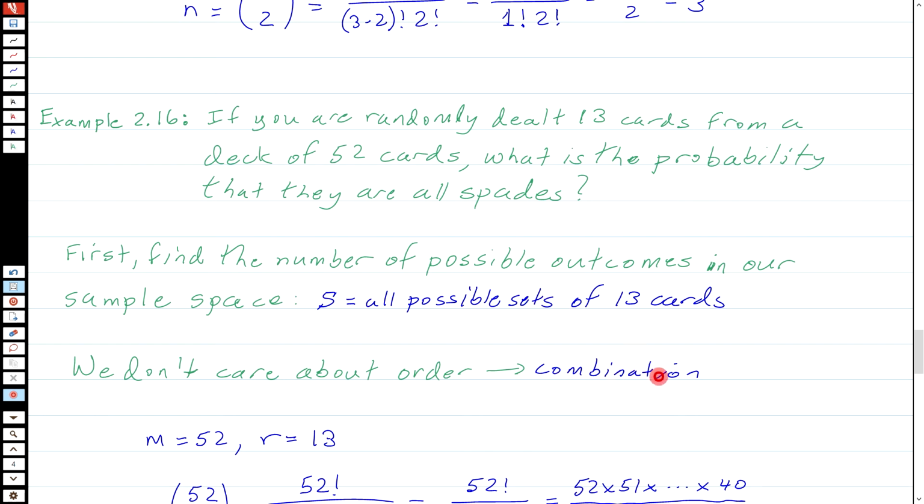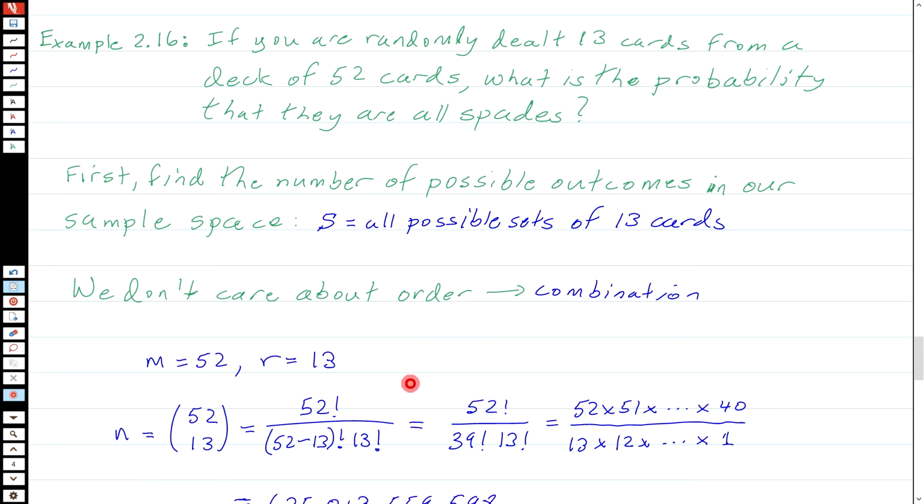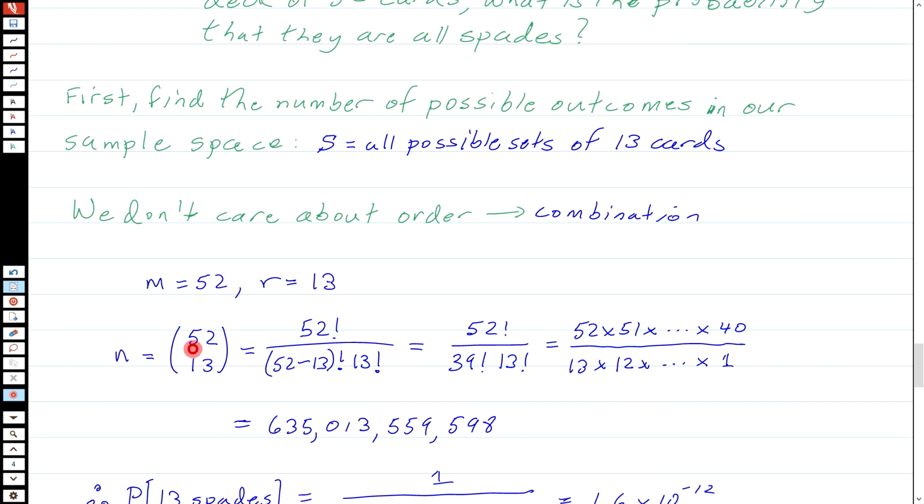So this is going to be a combination. We're selecting from 52 cards, so M is 52, and we're selecting 13 of them, so R is 13. So the number is 52 choose 13. Well, that gives us 52 factorial over (52 minus 13) factorial times 13 factorial. 52 minus 13 is 39, so basically we can cancel stuff out here.